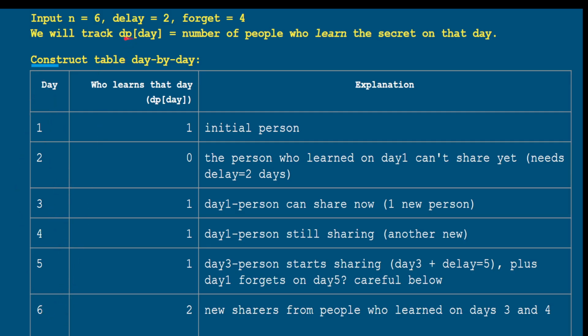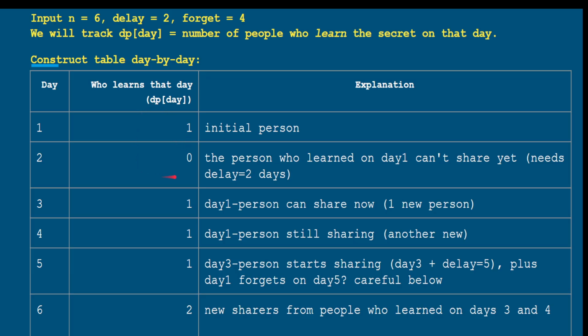So dp at day is a kind of index I. We'll calculate dp at day, meaning who learned that day. So dp at day, or dp at I, is nothing but who learns that day, and we'll keep storing the value. Very first, the first person came here, and that is called the initial person.